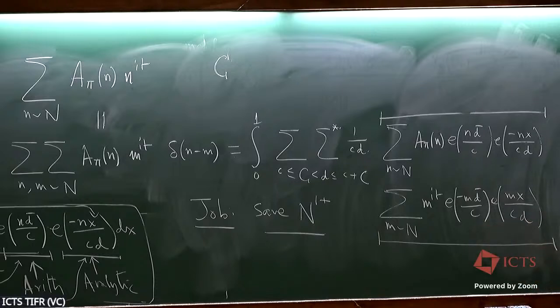Okay, I apply Poisson summation over here. This is my arithmetic modulus C, right? And the analytic oscillation, here it is oscillating like T, right? And here it is oscillating like M by CD. X is bounded by 1. M is of size capital N, and C times D, if C is generic, is of size capital C squared, right?